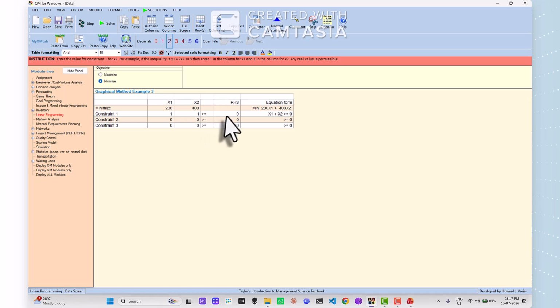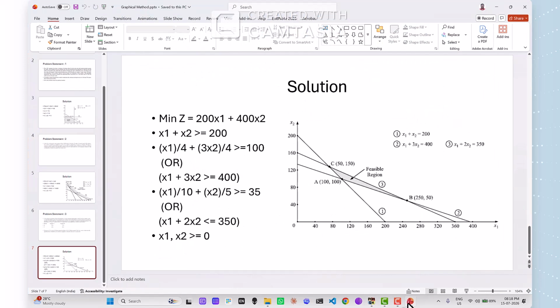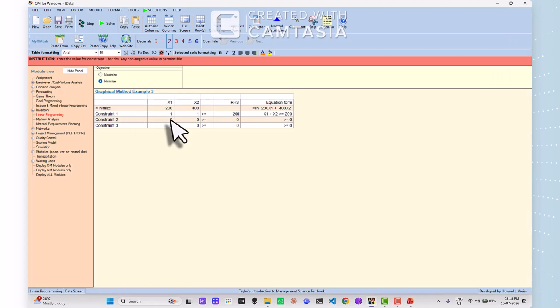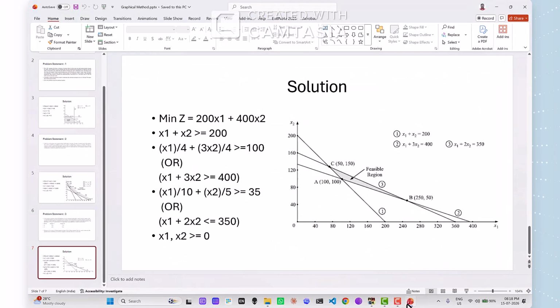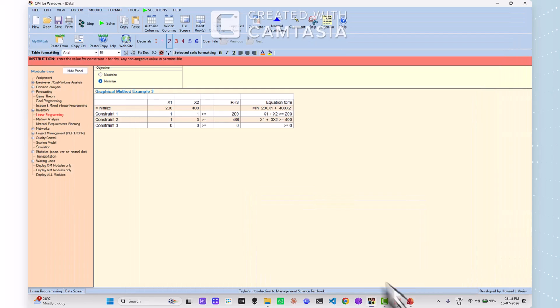Next is x1 plus 3x2 greater than or equal to 400. Next is x1 plus 2x2 less than or equal to 350.